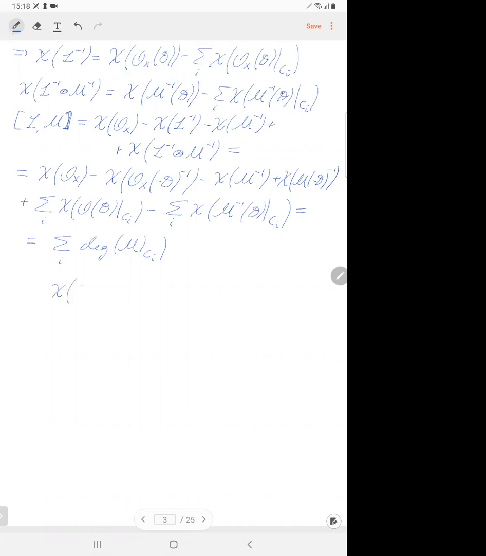Chi of O minus chi of M is negative degree of M for any line bundle, well, invertible sheaf M on a curve Ci, right? That's what we use. Yeah. Thank you. But let me now erase this.